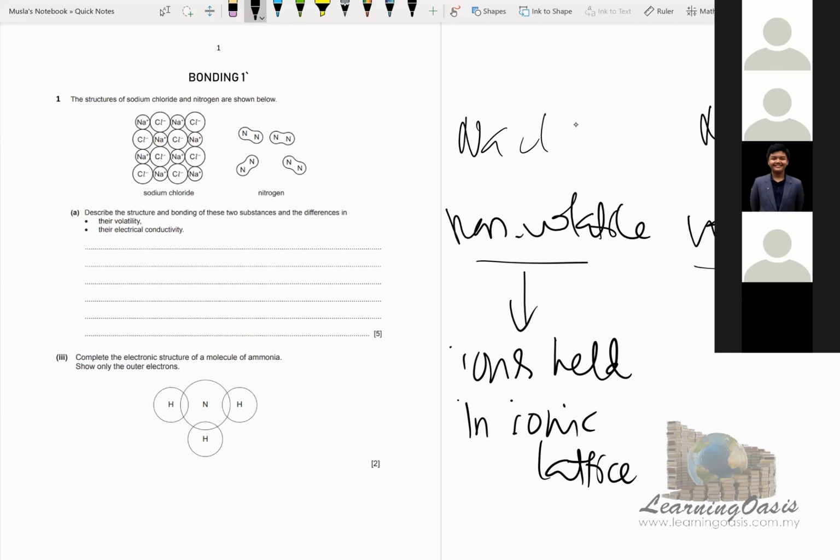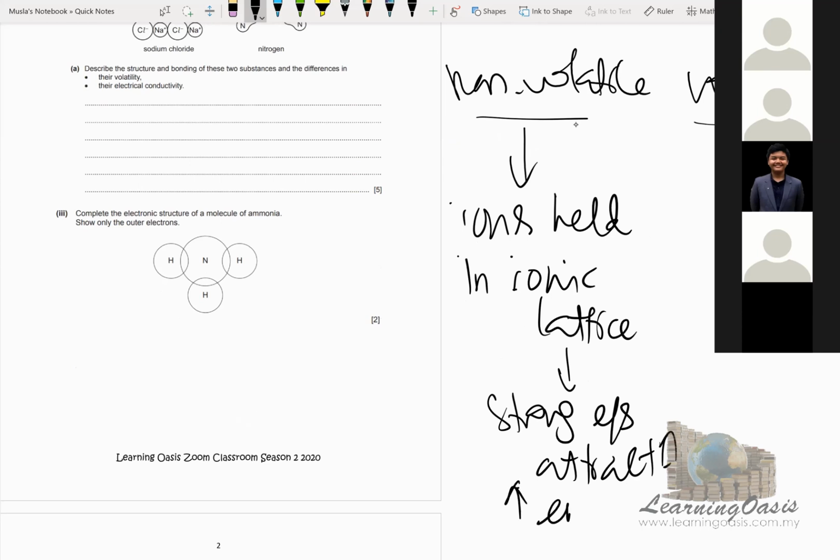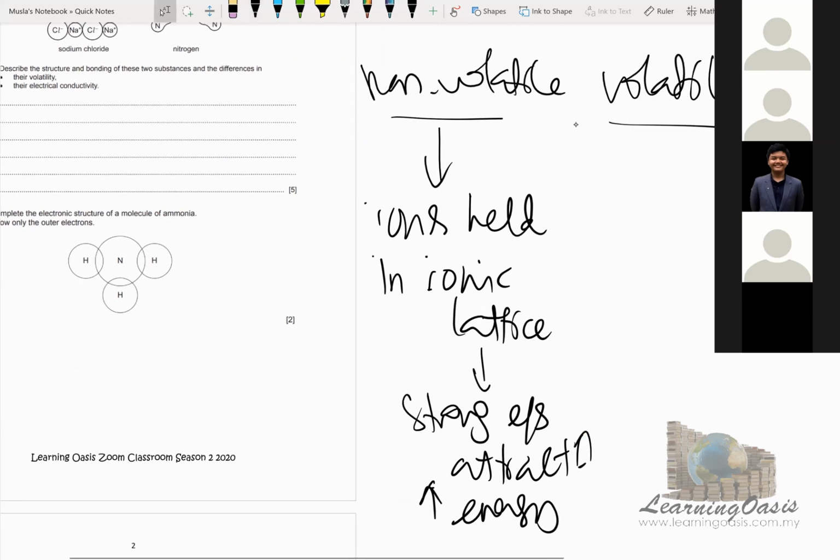Held in an ionic lattice with strong electrostatic attraction. Right. Which requires a high amount of energy to overcome. Right. Okay. Now here you talk about nitrogen. Now nitrogen is a covalent molecule. Okay.